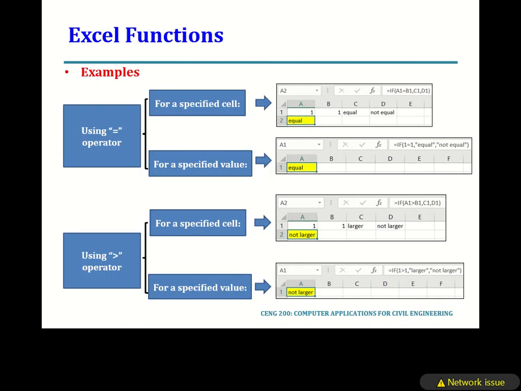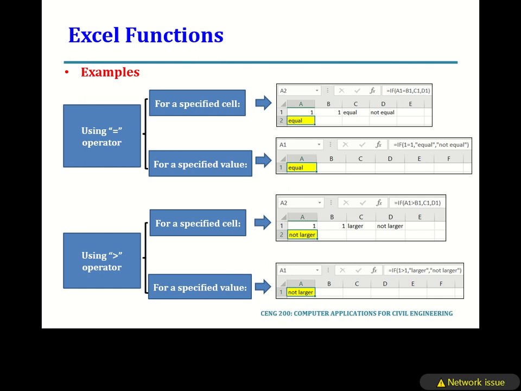Okay, so here the condition is checking if two cells or two values are equal. The first example is checking if two values are equal. If they are equal, type equal.